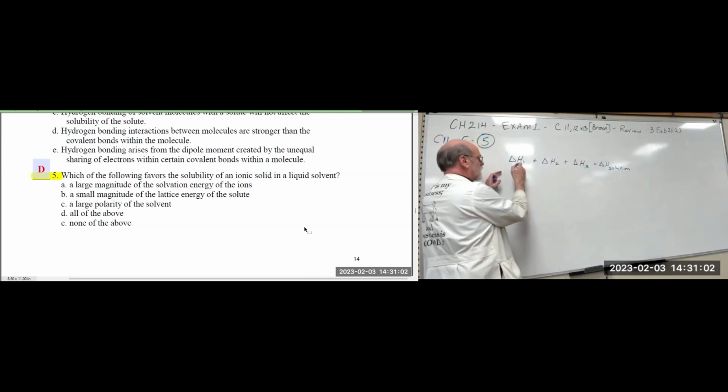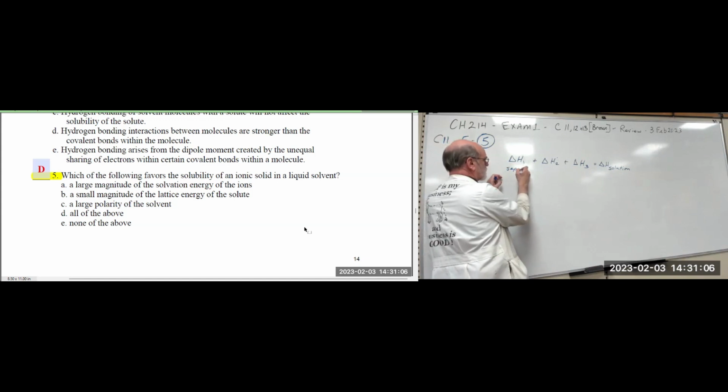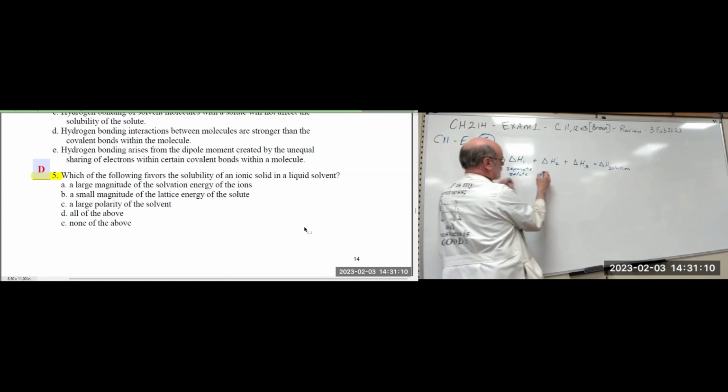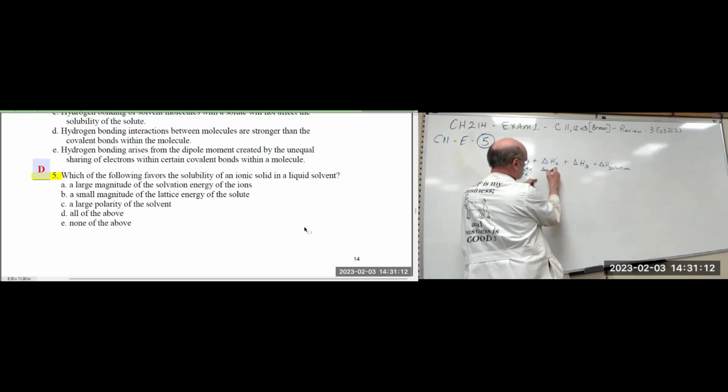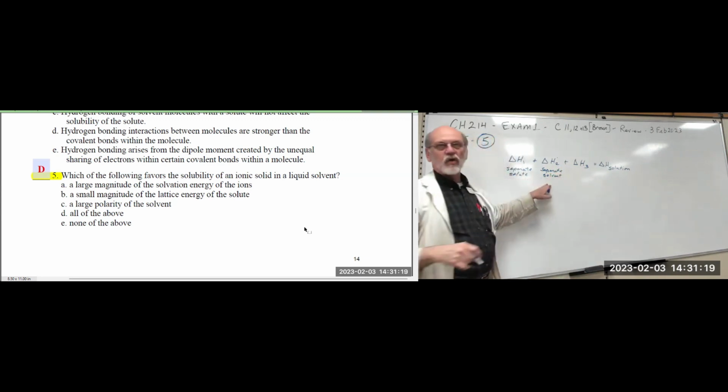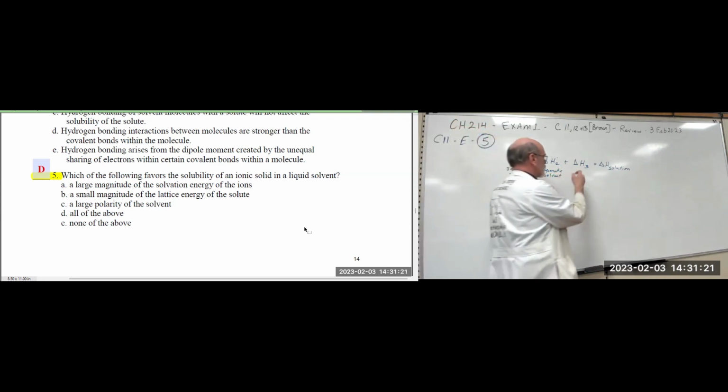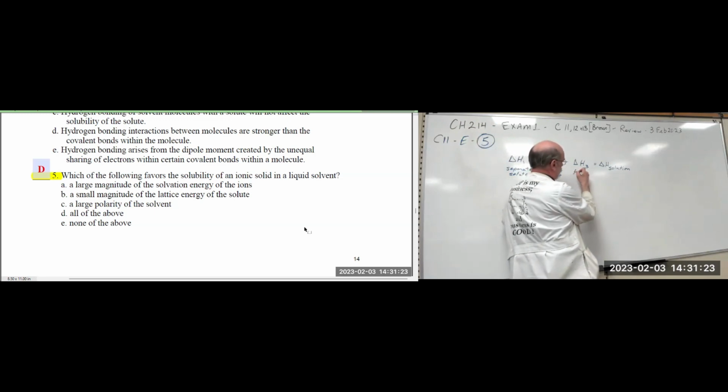This one we said was separate solute molecules. This one was separate solvent molecules. In other words, make a hole. And this one was form solute-solvent bonds.